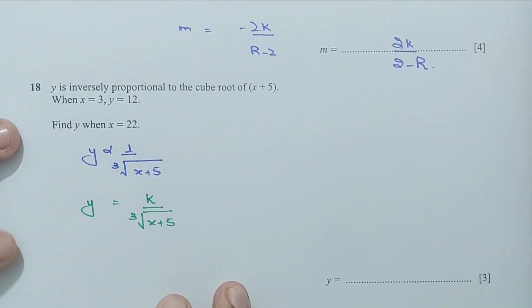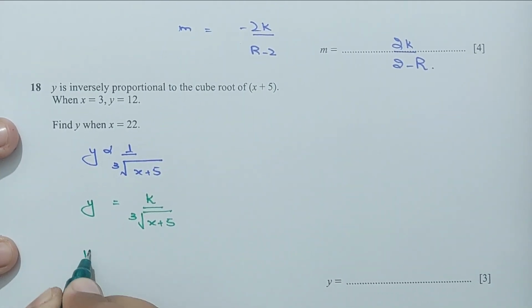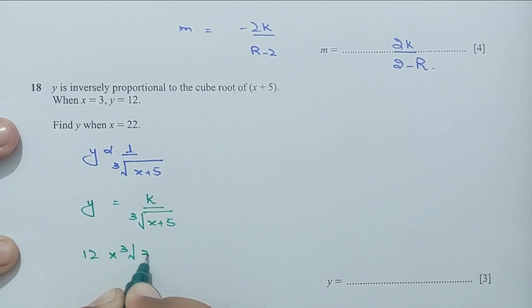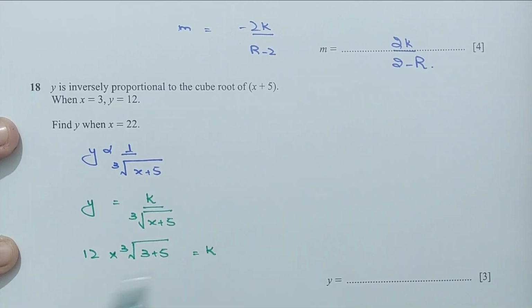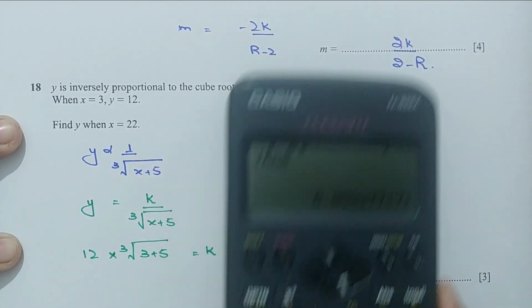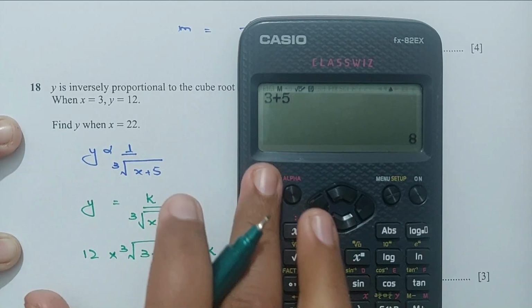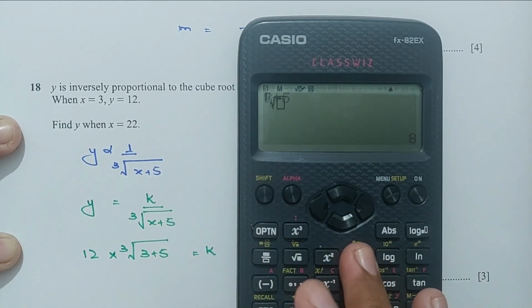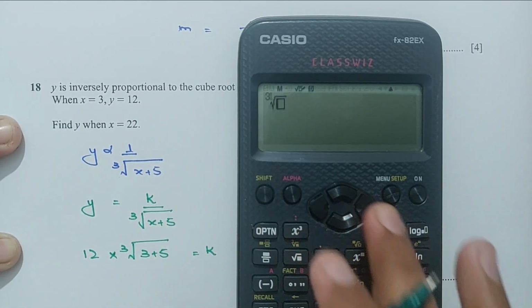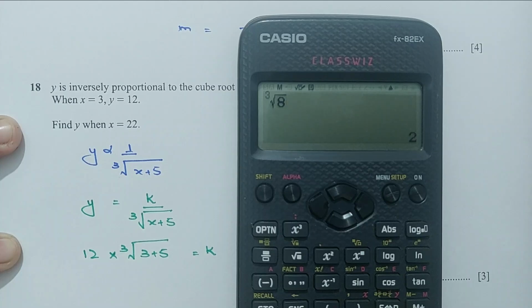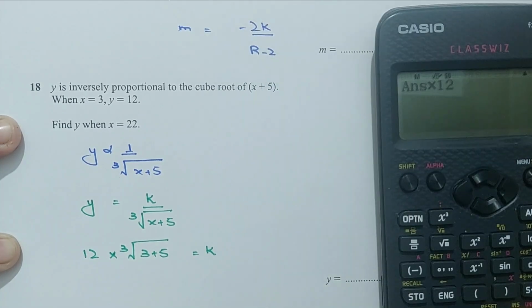Now we have y is 12 and x is 3. So 12 times cube root of 3 plus 5 equals the k value, right? So 3 plus 5 is 8, and cube root of 8 times 12 is 24, which is the k value, right?